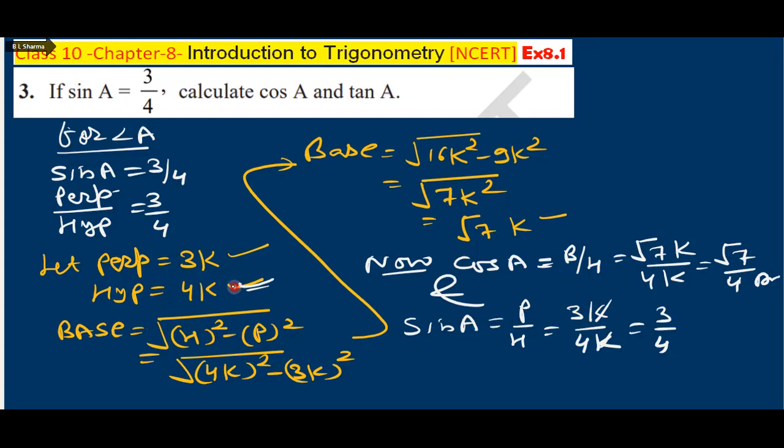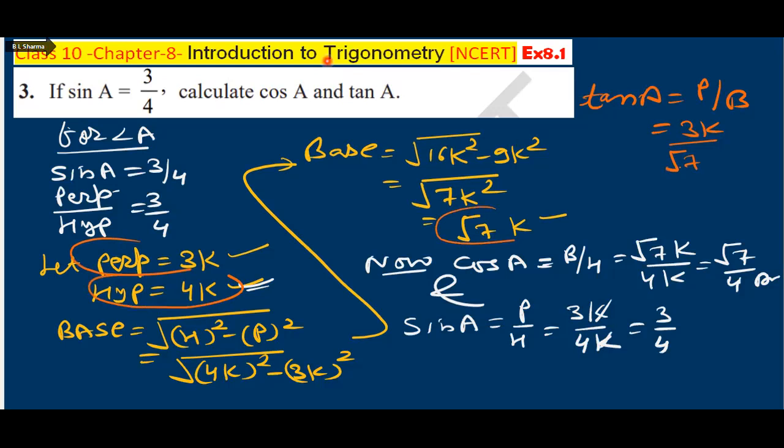So here the value of sin A is 3 by 4, and the value of tan A, yes, tan A is perpendicular upon base. Here perpendicular is 3k and base is, sorry, base is equal to root 7k. So we can write 3k upon root 7k. K and k cancel.